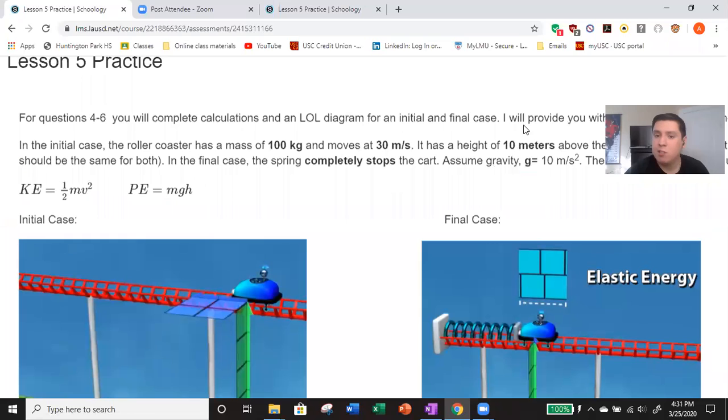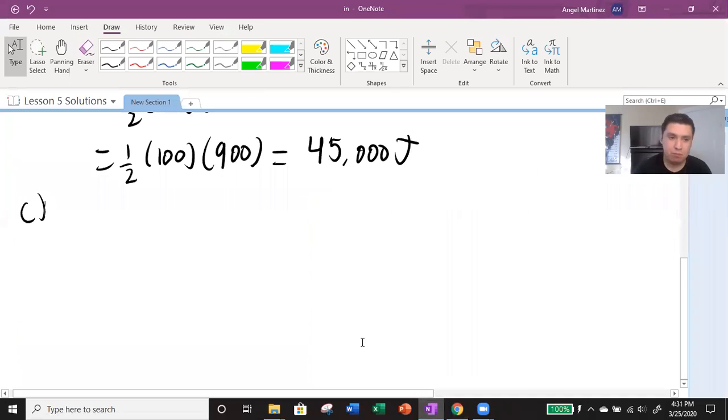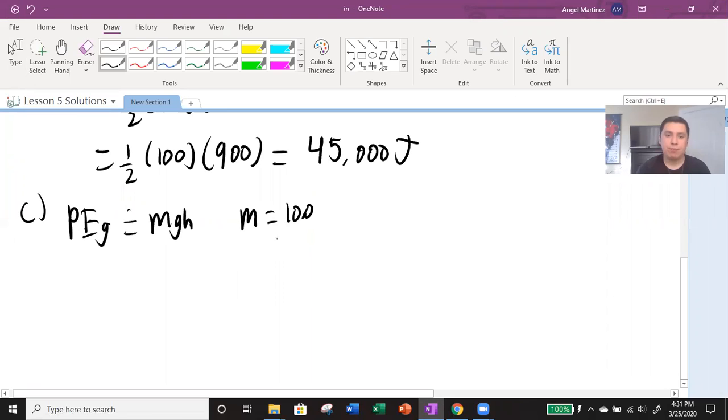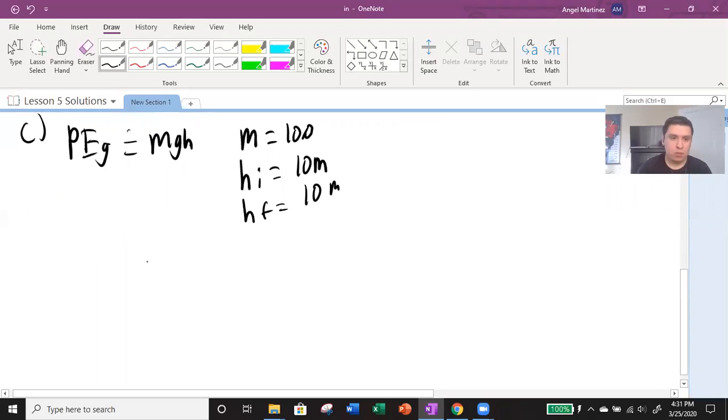MGH, I said the height was 10 meters and still the same M. So PEG in general is MGH. We have M equals 100. HI, for the initial case, the height is 10 meters, but also HF, the final height, is also 10 meters. So that means PEGI is going to be the same thing as PEGF. So whatever number we have for PEGI is going to be the same thing for PEGF.